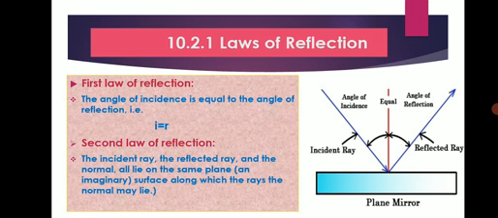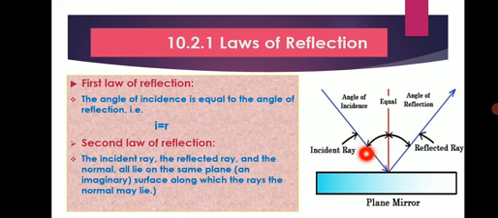Since the angle of incidence is 0, the angle of reflection will also be 0, and this satisfies the first law of reflection. If the angle of incidence is 45 degrees, then the angle of reflection will also be 45 degrees.